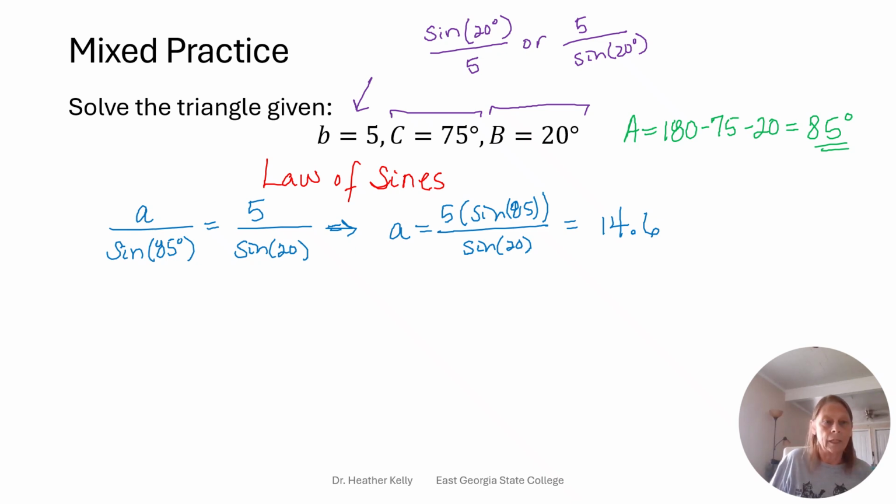And then we need b. We have b. We need c. So we need c over the sine of 75 is equal to 5 over the sine of 20.